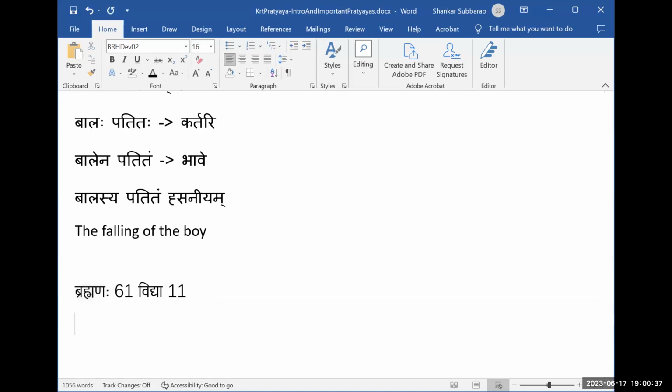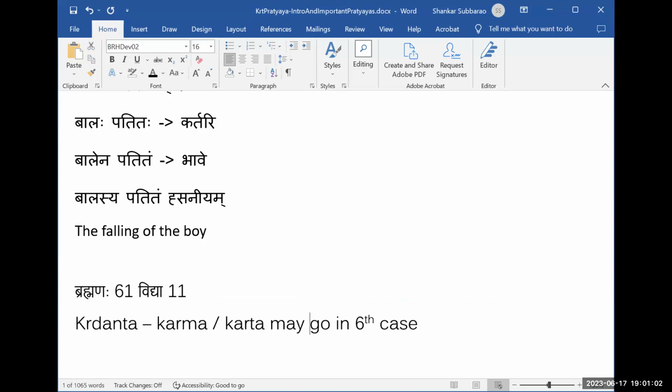So we say that when you have a kridanta, this is how we extend our understanding of karakas. When you have a kridanta, then the karma or karta connected to the dhatu in the kridanta will go in the sixth case. Not will, I should say, may go in the sixth case, because there are a lot of exceptions to this.